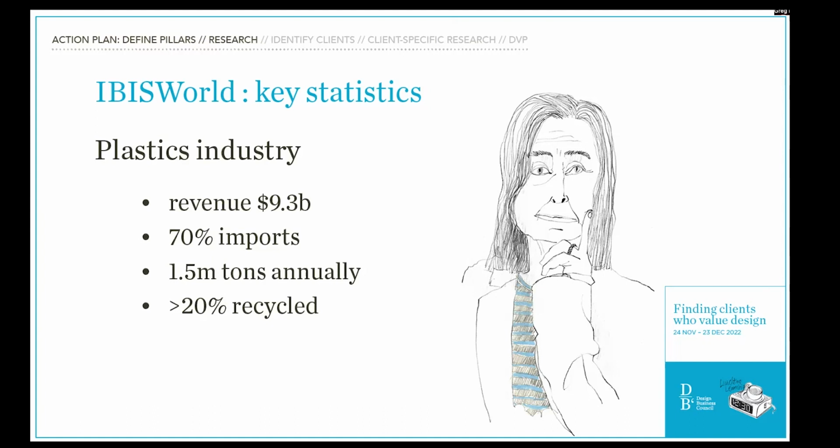The next thing that we know is that there's 1.5 million tonnes of plastics in Australia each year. That includes the stuff that's imported and what's made here locally, and only 20% of it is recycled. This opens up a whole lot of other opportunities. The environmental aspects of this industry need a whole lot of communication.